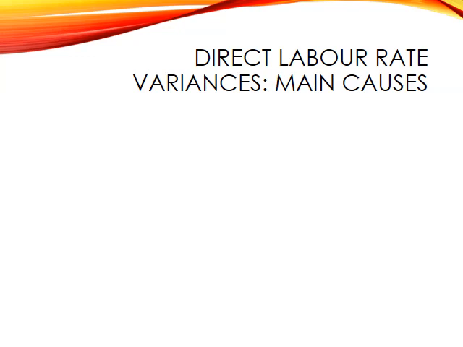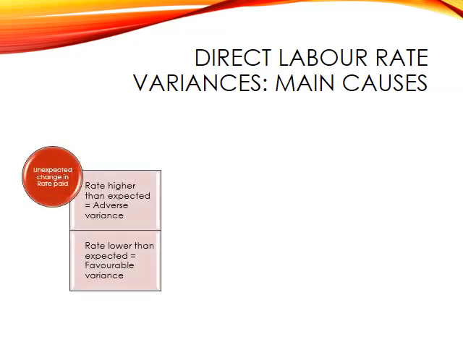Well, this is because we are paying our direct labour at a higher hourly rate than we were expecting to do. And this can occur for a variety of reasons. First of all, there may have been an unexpected change in the rate paid. That may be because of pay negotiations going differently than expected.